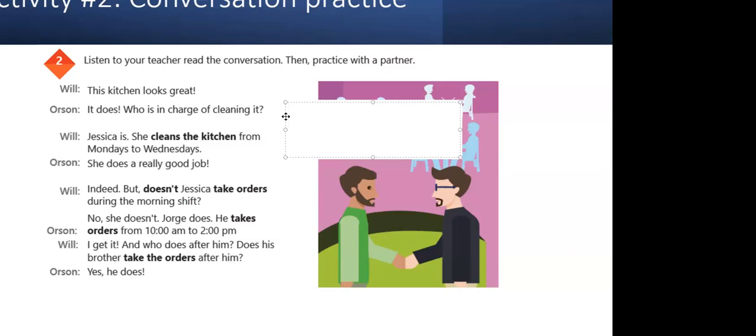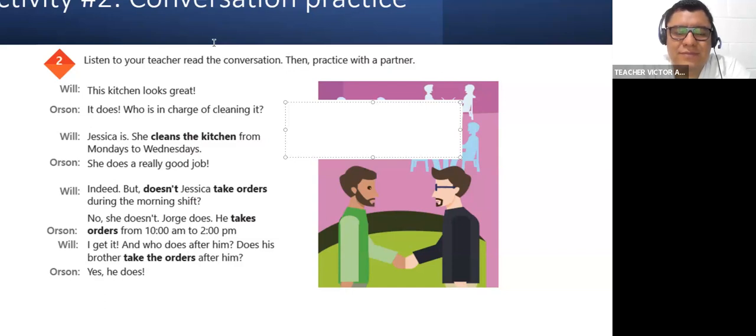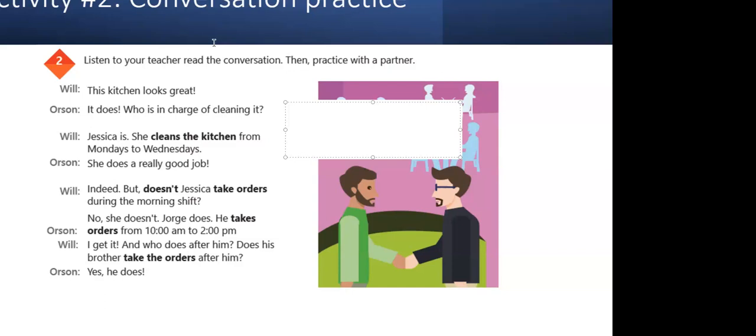His tent looks great. It does, sure of cleaning it. Jessica cleans the kitchen from Monday to Wednesday. She does really cook.